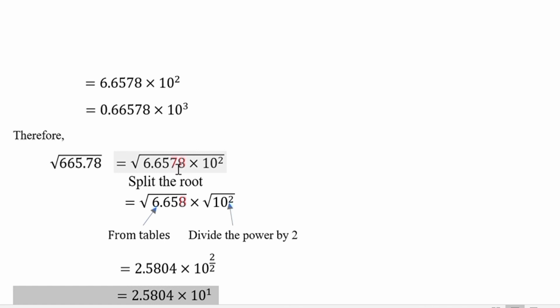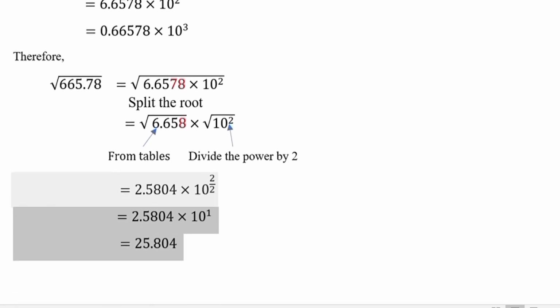So we have added 1 to this to make it 8, and this is the value we read from the table. When you read it from the table, you get this figure here. Then for this one, we have said we divide the power by 2, giving us 10 raised to power 1. So this times this gives us 25.804, and that is the square root for this one.